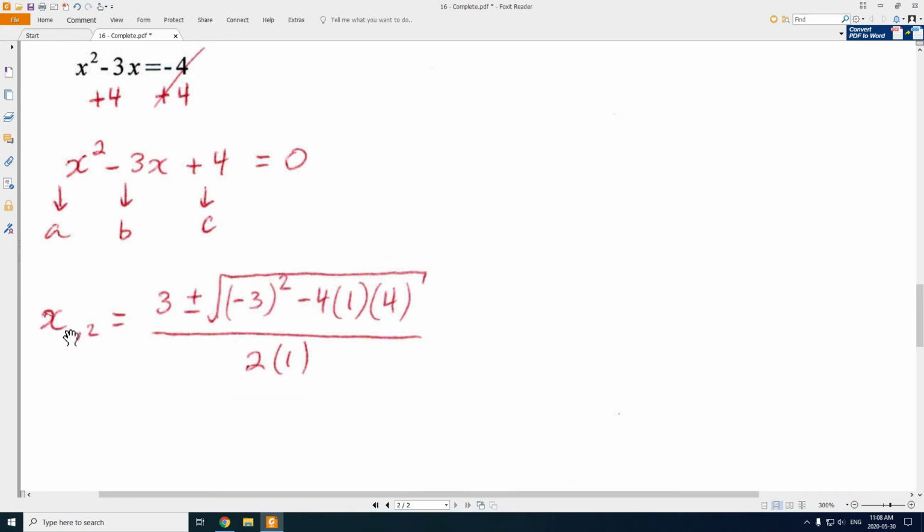All right, so x1 or 2 equals minus b, minus negative 3 is positive 3, plus or minus the square root of b squared, so negative 3 squared, minus 4 times a, which is a 1, times c, which is a 4, divided by 2 times a, which is a 1.